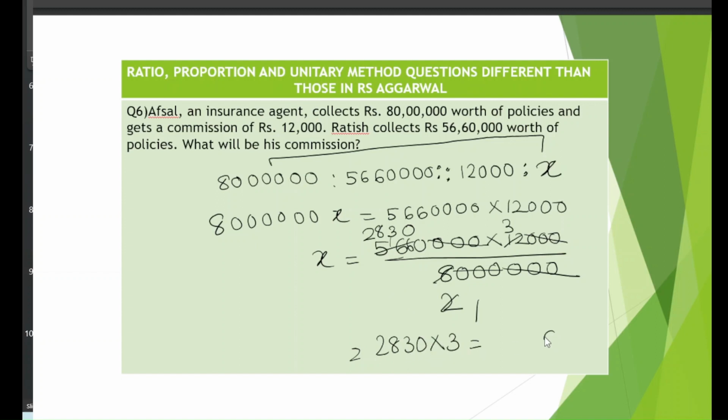It becomes 3 zeros are 0, 3 3s are 9, 3 8s are 24, 2 gets carried over, 3 2s are 6, 7, 8. Rupees 8,490 is the commission that Ratish will get for selling 56 lakh 60,000 worth of policies.